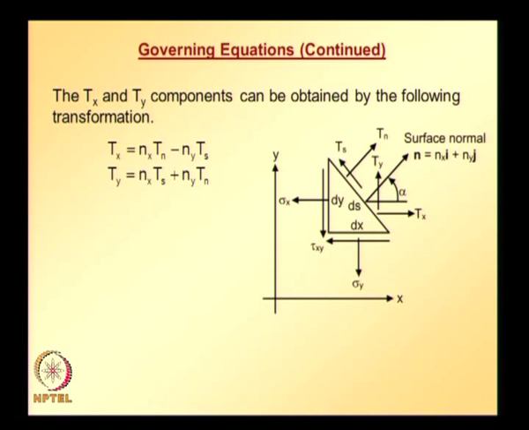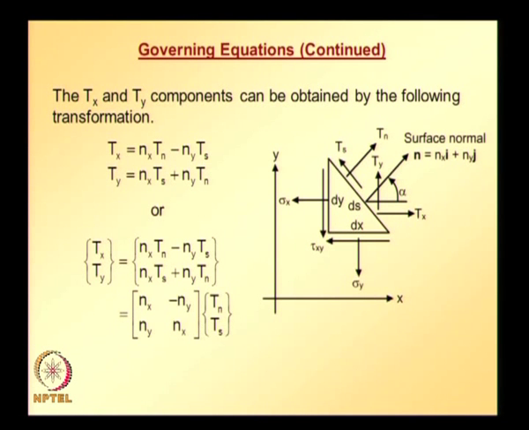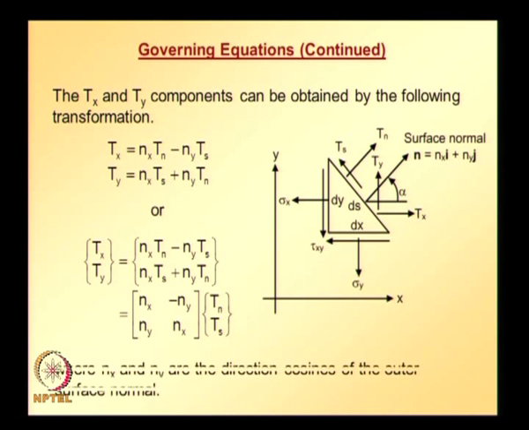Once we know the normal and tangential tractions, we can easily calculate T x, T y using these relations, where we need to know n x and n y. n x and n y are nothing but the direction cosines of the outer surface normal.